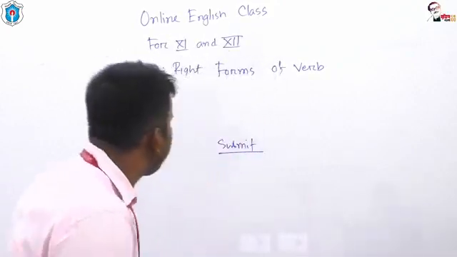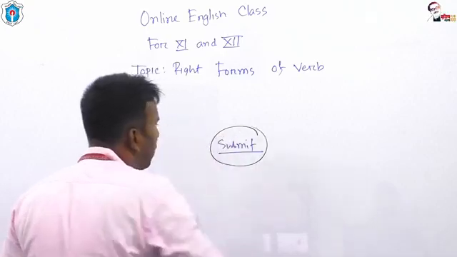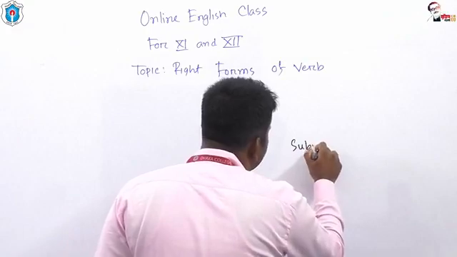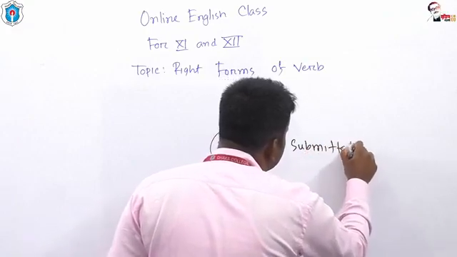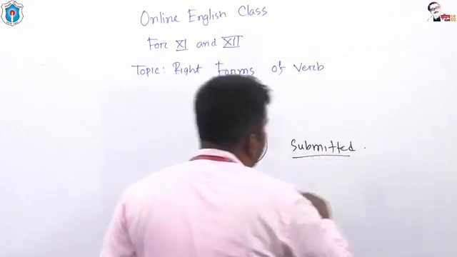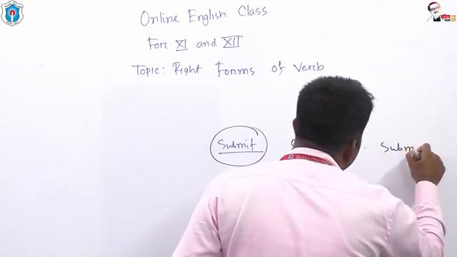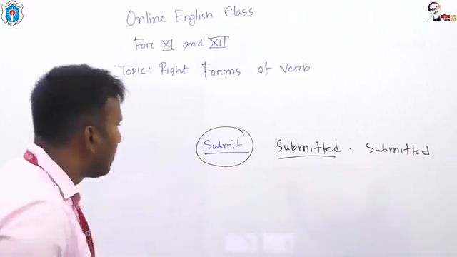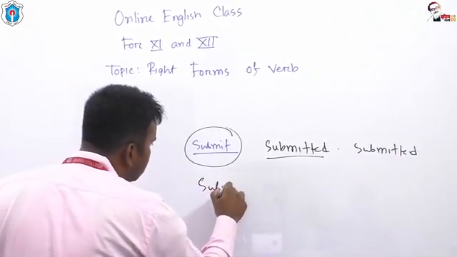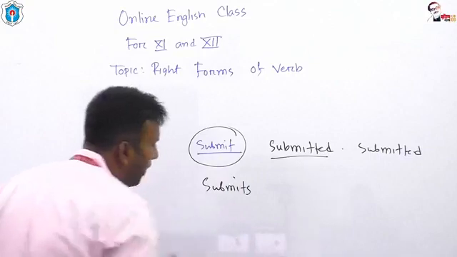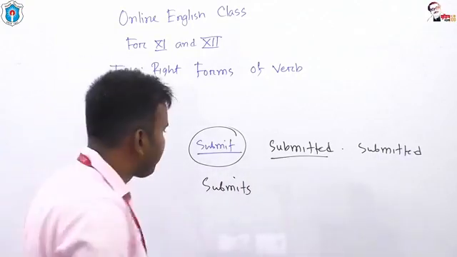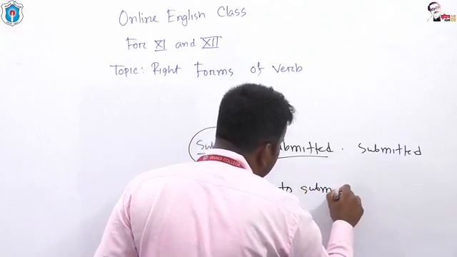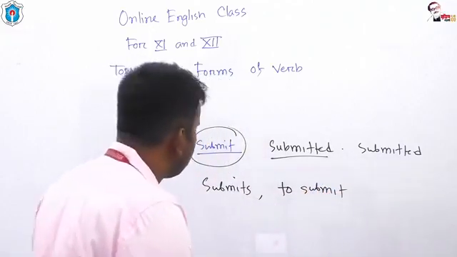Submit is the present form, you can say the base form. Submitted is the past form. Submitted is the past participle form. Submits, I have put S or ES with the verb. To submit, this is another form.